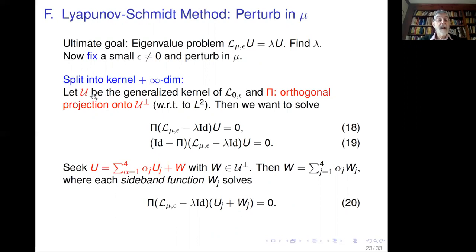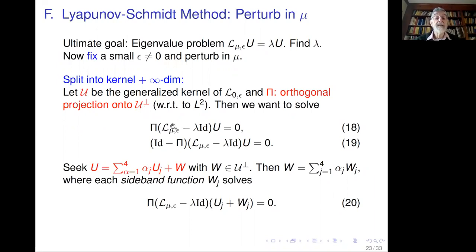And so I use script capital U to mean the four-dimensional space that I just showed you a moment ago with mu equal to 0. I guess this is called pi. Pi is the orthogonal projection onto the infinite dimensional part, this notation.